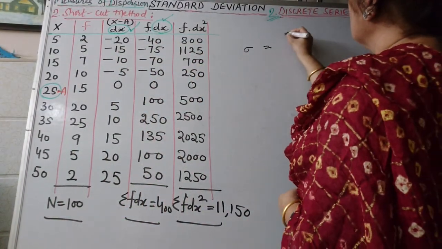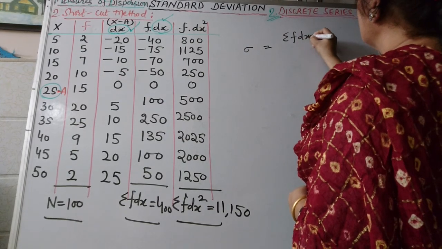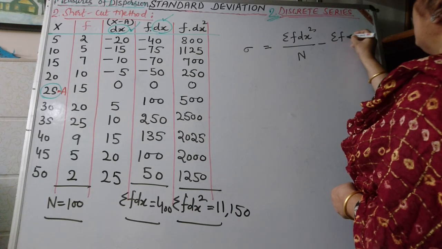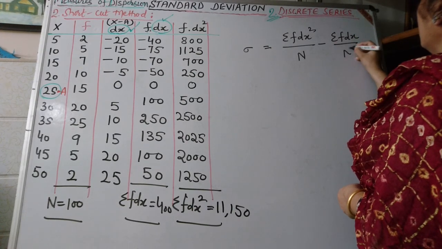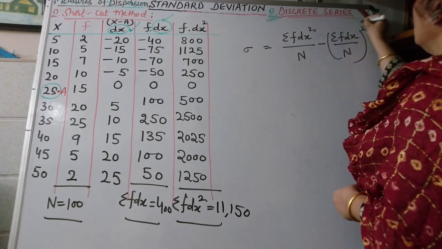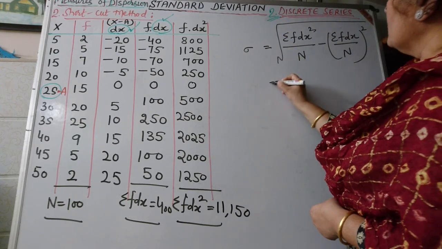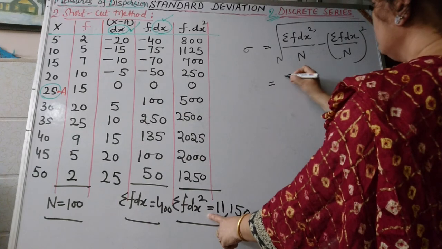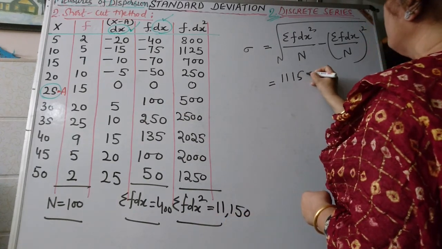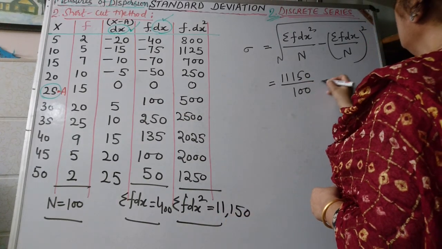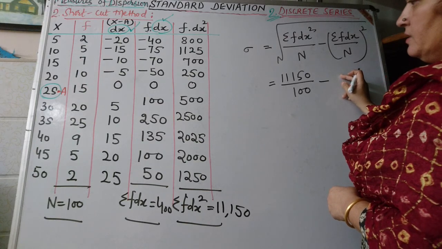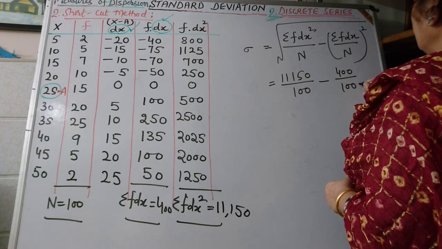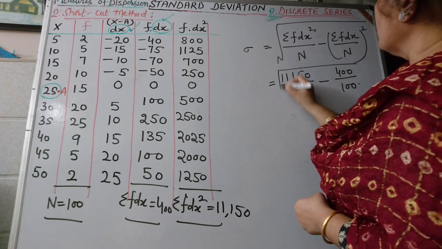Now let us calculate the value of standard deviation. Standard deviation is equal to the square root of sigma f dx square divided by n minus the square of sigma f dx divided by n. Sigma f dx square is 11,150 divided by 100, minus sigma f dx, which is 400, divided by 100, whole square, under root.